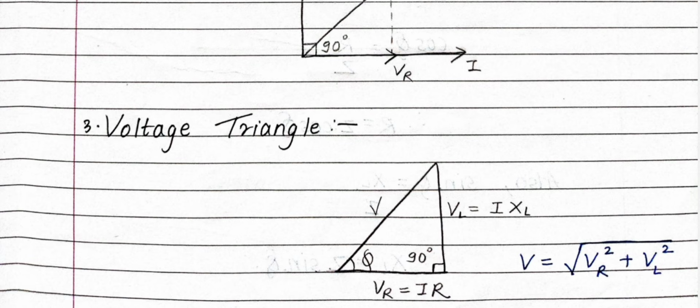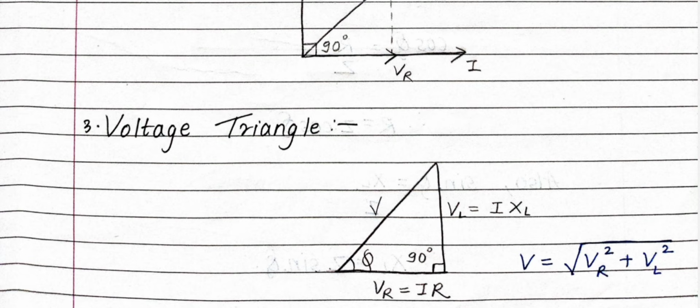Now, what is VL in the phasor diagram? It is at 90 degrees. Just take that 90 degree ray and put it over here on the right side of the voltage triangle, which I have marked as VL. Simply take it from the phasor diagram and place it in the voltage triangle, on the right side. Mention its formula, that is I into XL.